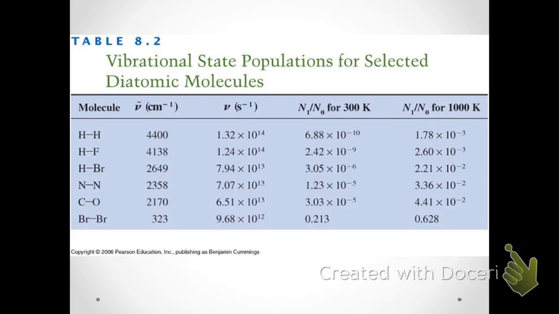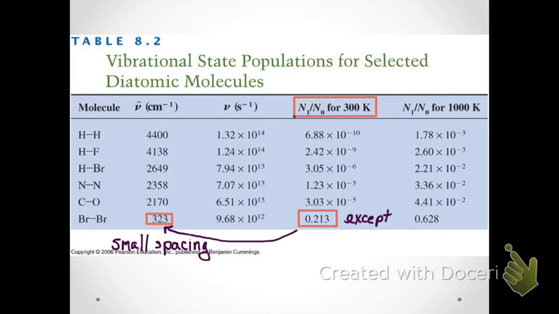This table shows population ratios for various molecules. If we look at room temperature, right around 300 kelvin, we'll note that by far there are more molecules in the n equals 0 state, as mentioned above, than the n equals 1 state. If we take a look at the bottom one with bromine, which has a 323 wave number spacing, which is much smaller than the others, we still see that the ratio is 0.2.